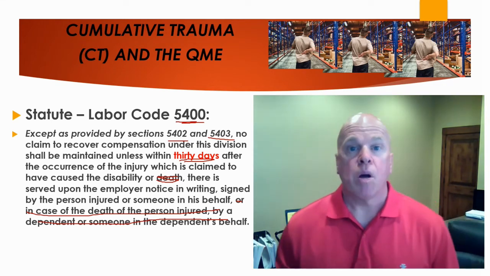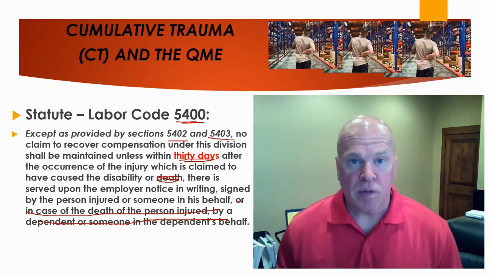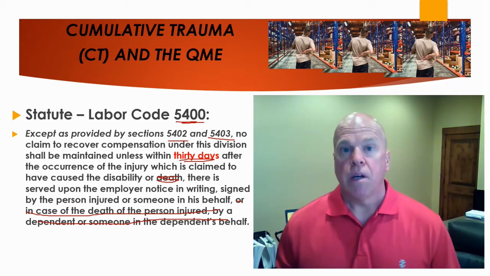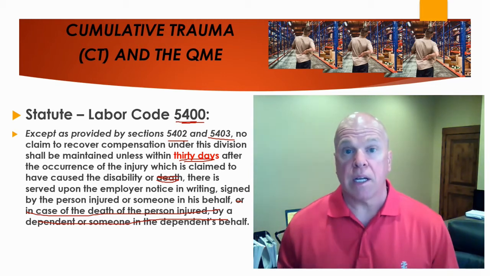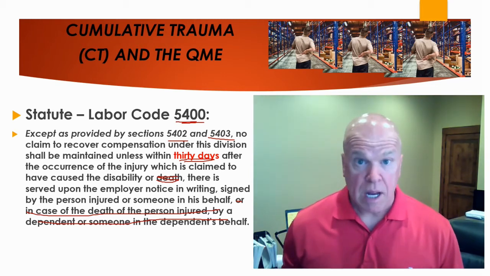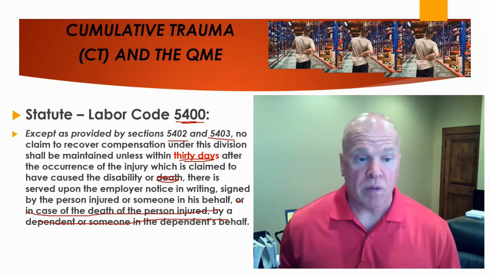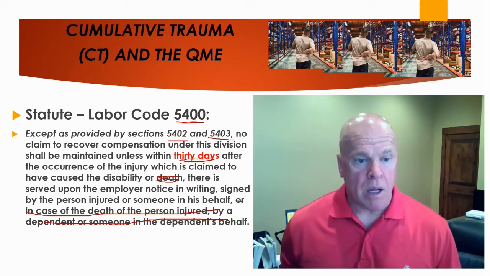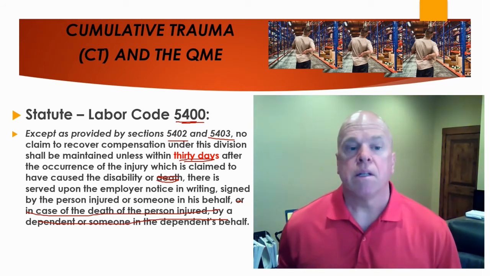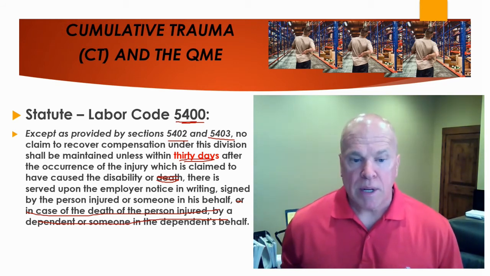And as we're going to talk about later on, the burden of proof for establishing industrial injury falls upon the employee, falls upon the examinee. And here is step one of the burden of proof, is that the reporting of the injury, the responsibility for that, is on the employee.